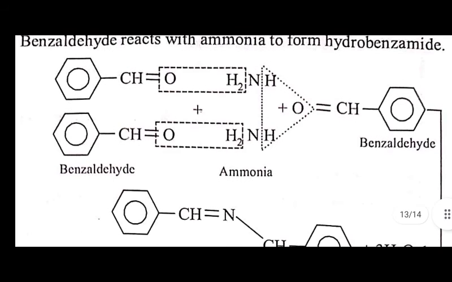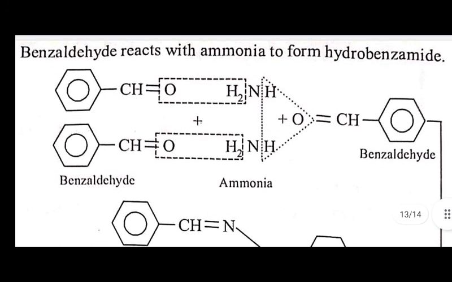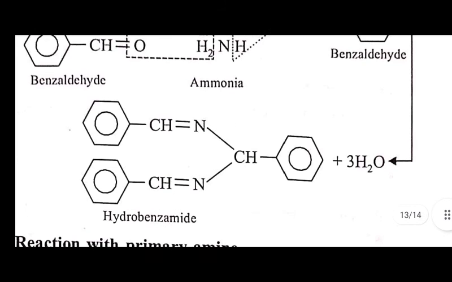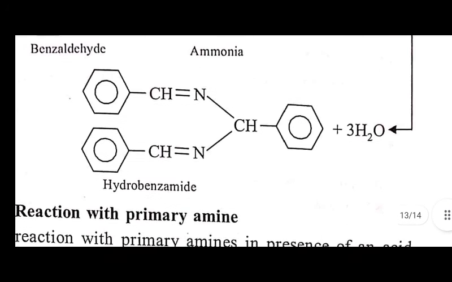This is the nature of benzaldehyde, how aromatic aldehydes react with ammonia. 3 molecules of benzaldehyde combine with 2 molecules of ammonia, taking away the water from all the sides and making hydrobenzamide. A little higher level information.